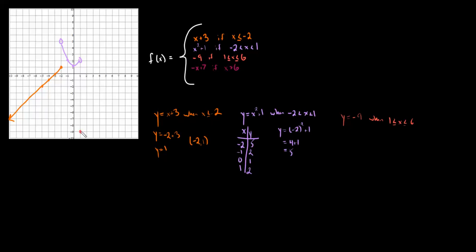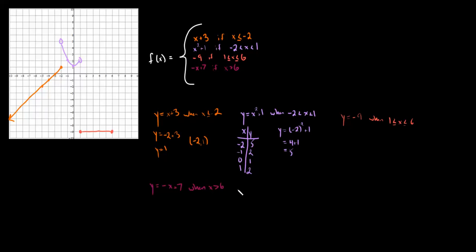Since it's or equal to, I'm going to have that closed, and it ends when x is 6, and that's also or equal to, so that's also closed. We can plot all the points in between, but since it's a horizontal line, we can just quickly connect those.